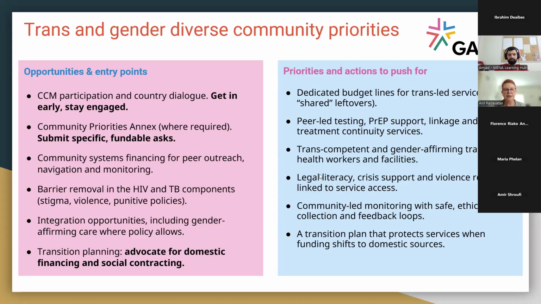We need legal literacies responses and violence responses, especially for community members who are experiencing gender-based violence. We need community-led monitoring as an essential accountability tool. And we also need transition plans that protect services for trans and gender diverse persons as we shift towards domestic funding. Next slide, please.